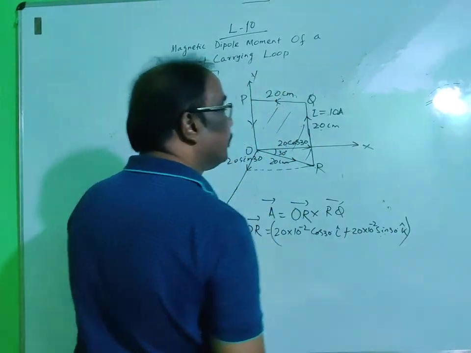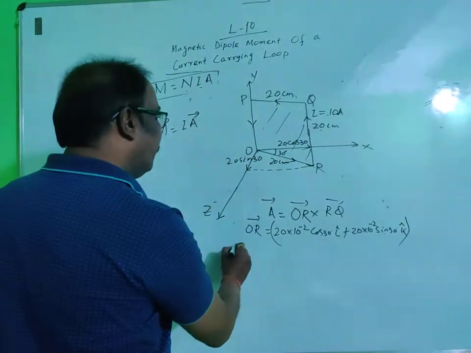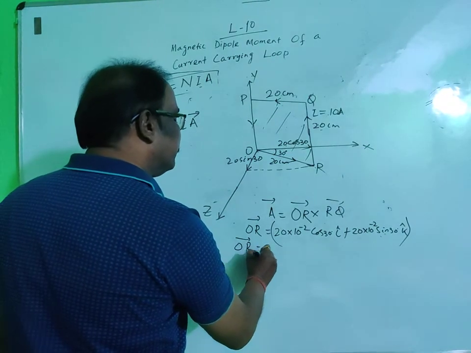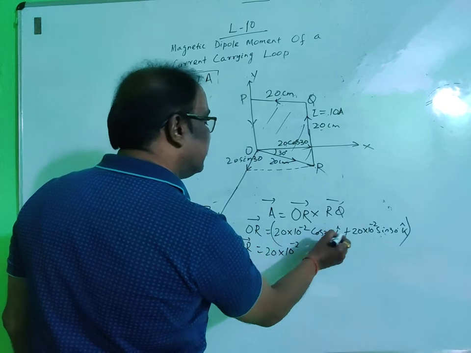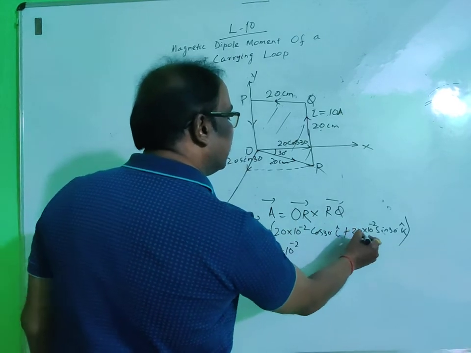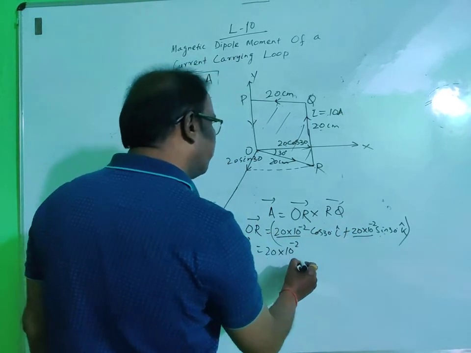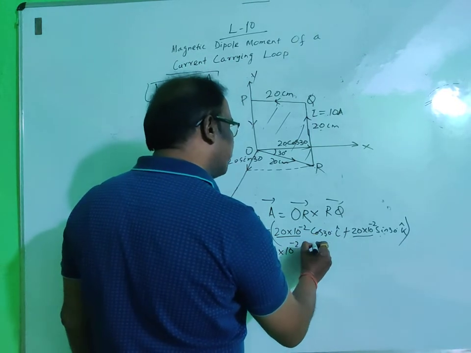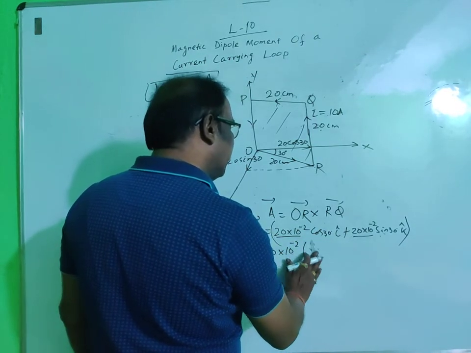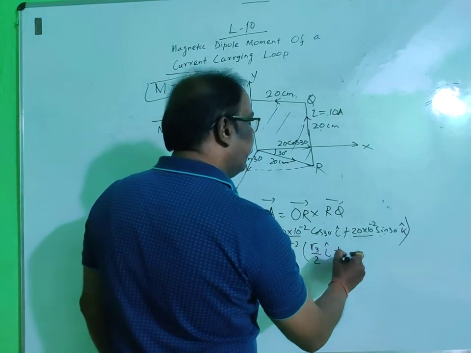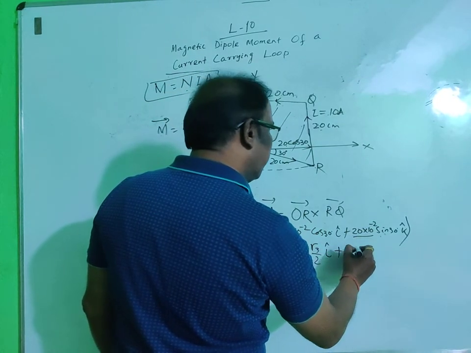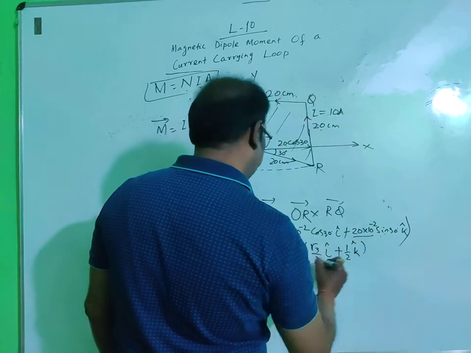This is the expression for OR. Then OR is equal to 20 into 10 to the power minus 2, bring it outside, times cos 30, which is root 3 by 2, i cap, plus sin 30, which is 1 by 2, k cap.